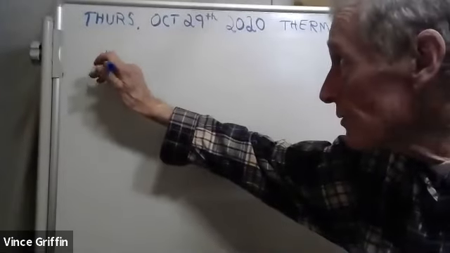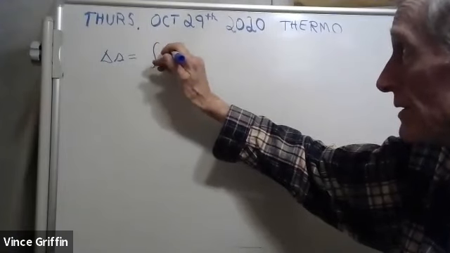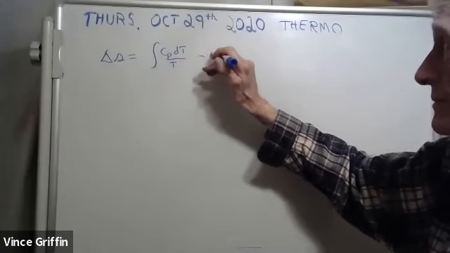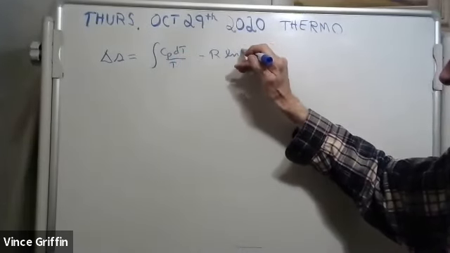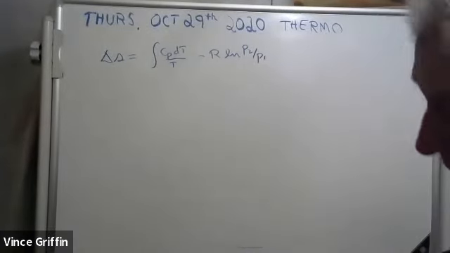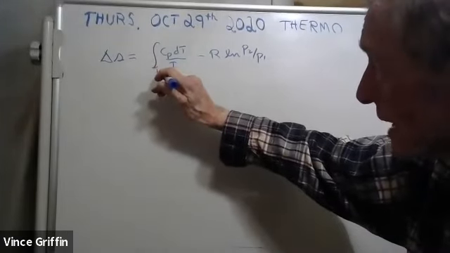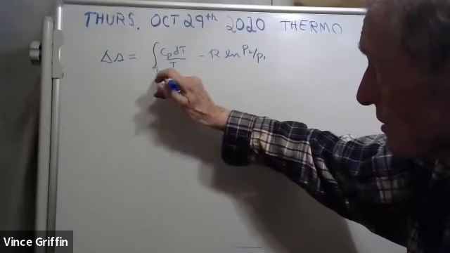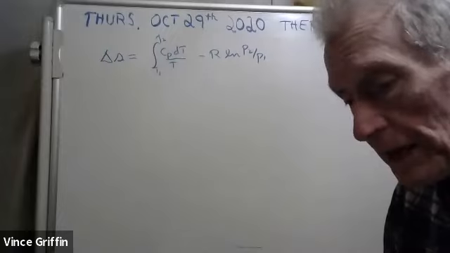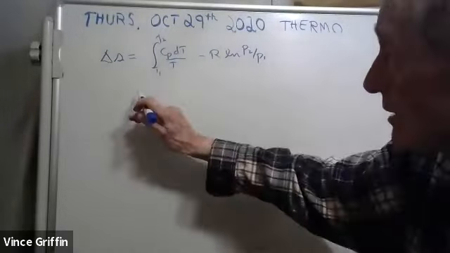Okay, now here's the one I want to talk about. I showed you where this came from. Here's this lovely equation. Now, if your temperature doesn't change too drastically from T1 to T2, then the specific heat doesn't change too drastically either, and you can pull it out.